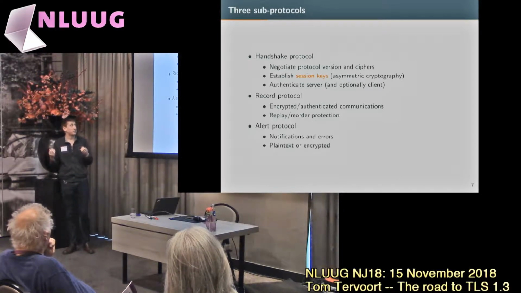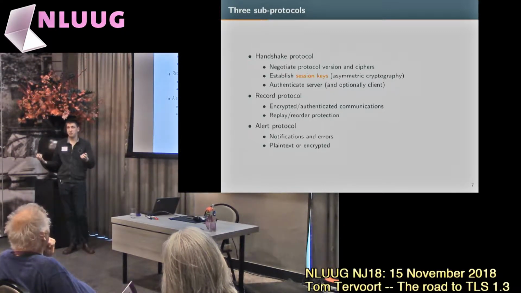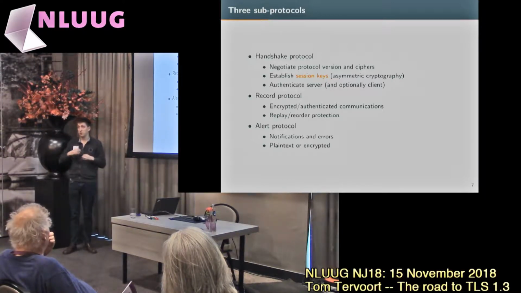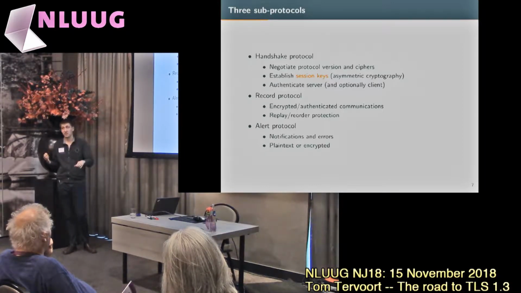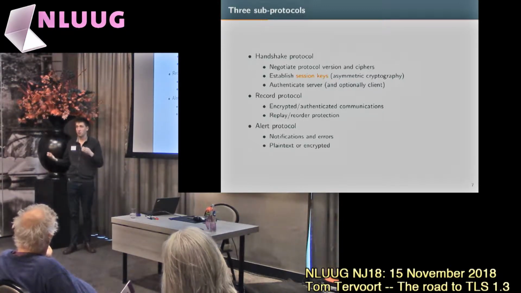At the end, the Handshake Protocol results in a session key that is shared by both parties but cannot be seen by any attacker intercepting traffic. And during this protocol, a client will be authenticating a server, and optionally the server will also be authenticating the client. So after the Handshake Protocol is finished, both parties know what cryptography they are going to use, they both have a shared key, and they both know who they're talking to, or at least one party knows who they're talking to.